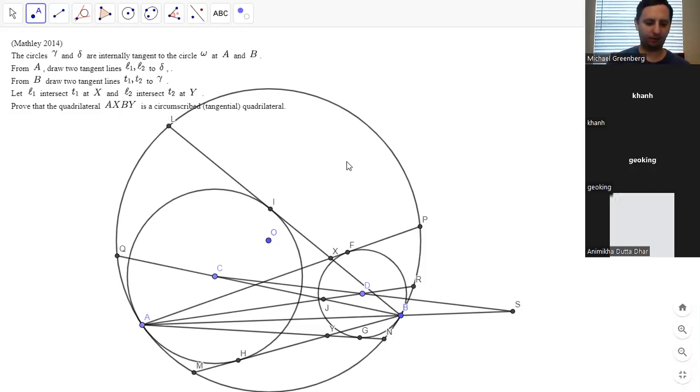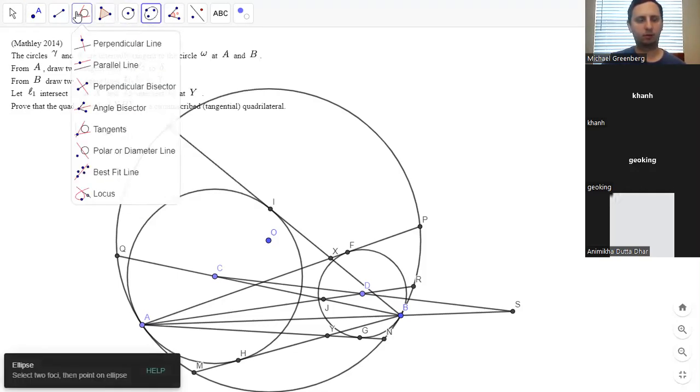If I drew the tangents at A and B to the big circle, let's see.